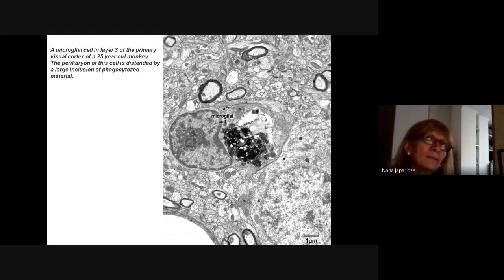Macrophages of connective tissue, for example, are derived from the monocytes, and the microglial cells are derived from blood cell precursors of monocytes. So nucleus and engulfed material.